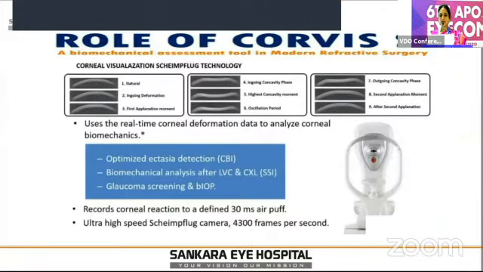This is where the role of Corvis ST comes in. It is a biomechanical assessment tool in modern refractive surgery. It uses real-time corneal deformation data to analyze corneal biomechanics. It optimizes ectasia detection using indices, where we take CBI, SSI, TMI, and BIOP as the main ones. A 30 millisecond air puff is used to record the corneal reaction, with an ultra-high-speed Scheimpflug camera giving about 4,300 frames per second.